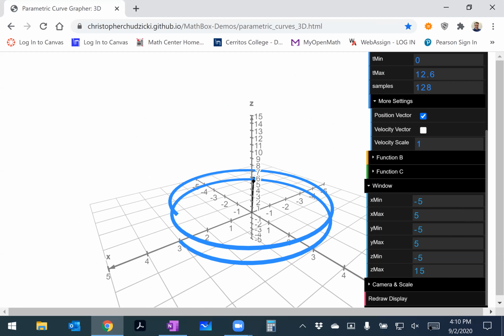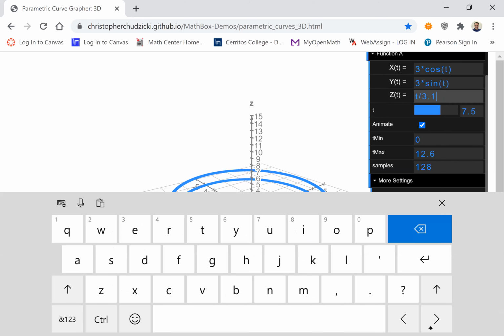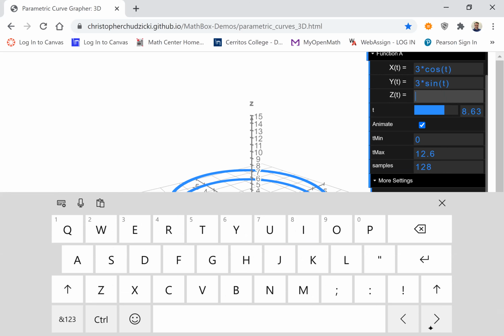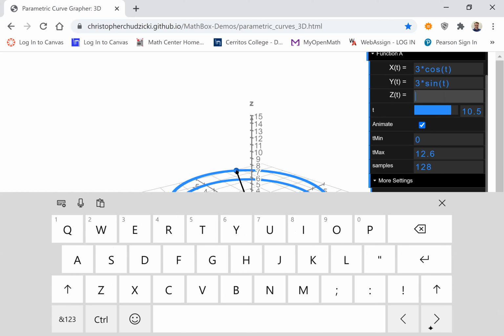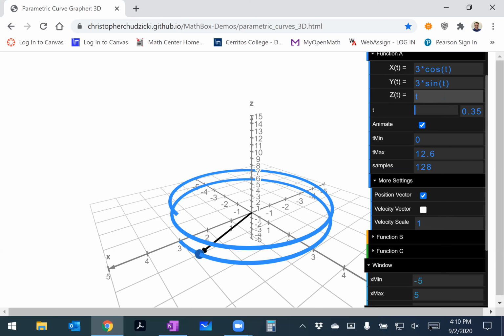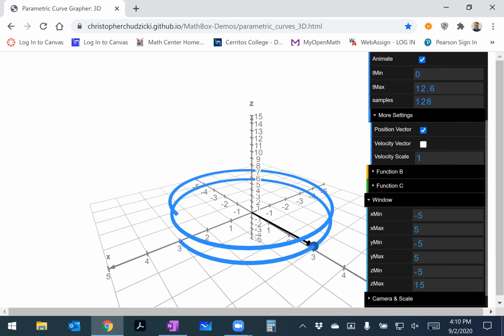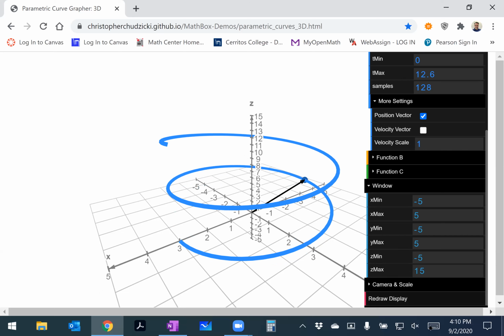Let's make this not t divided by pi, let's just make this t and see what happens. Now let's redraw. There's my nice helix.